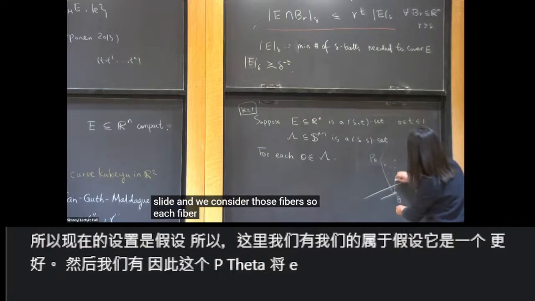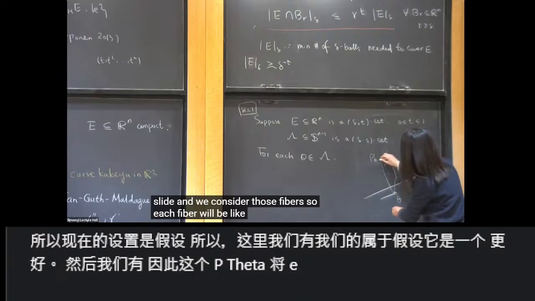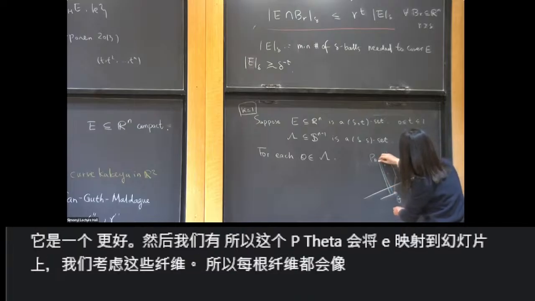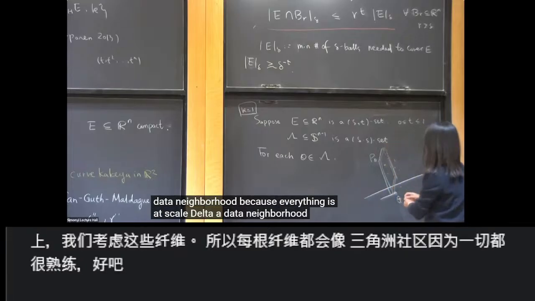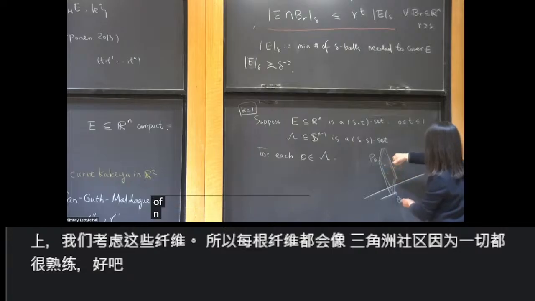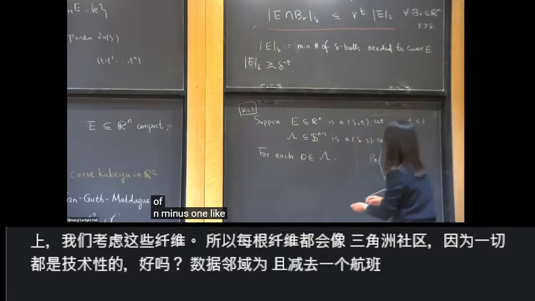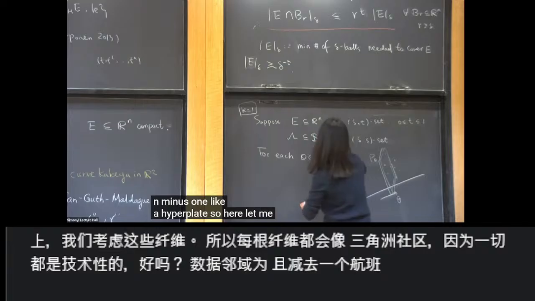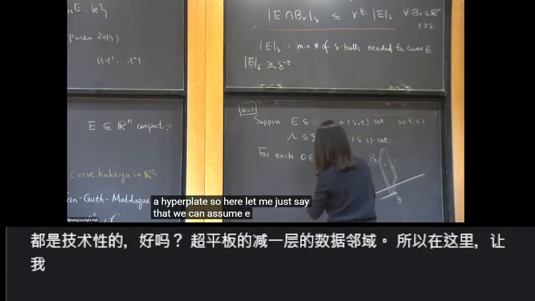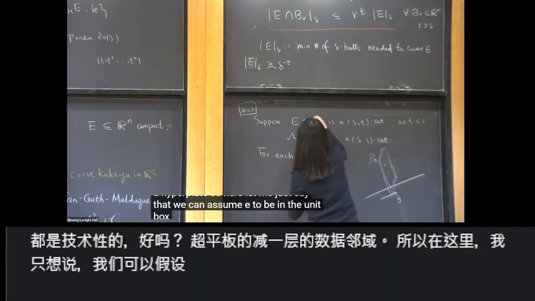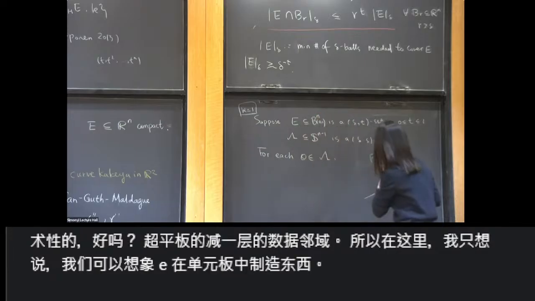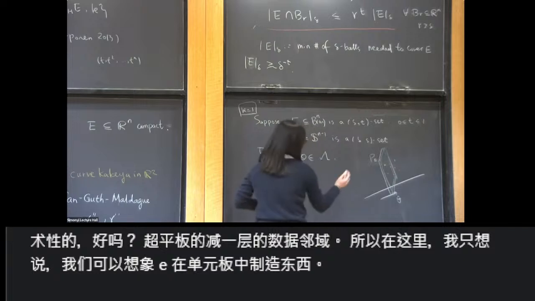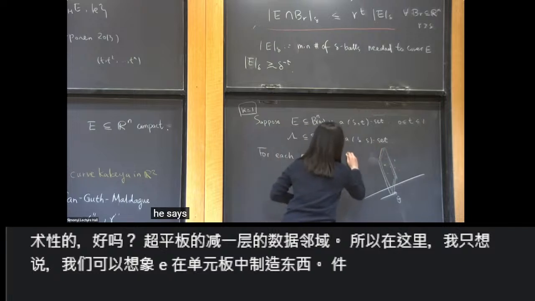Each fiber will be like a delta neighborhood, because everything is at scale delta, a delta neighborhood of an n-1 plane, a hyperplane. Here, let me just say that we can assume E to be in the unit ball to make things simpler. And P theta is the map.